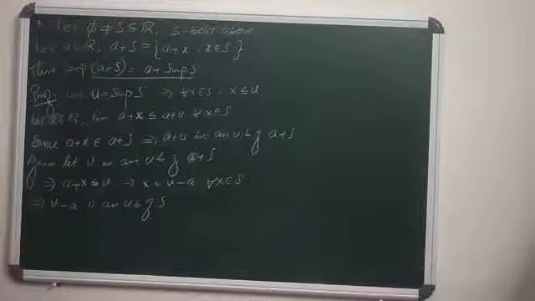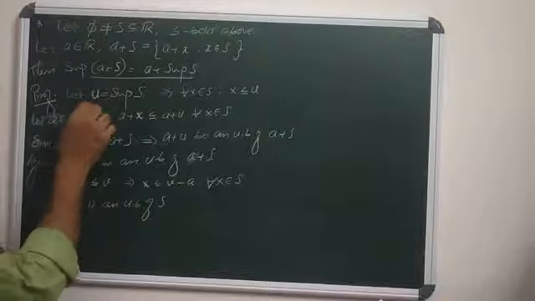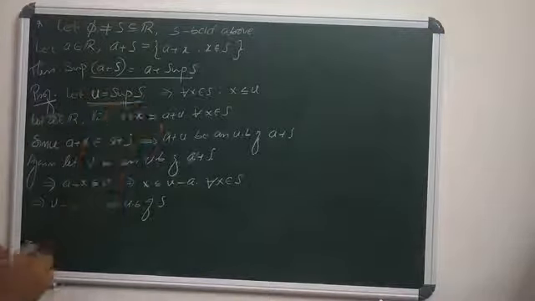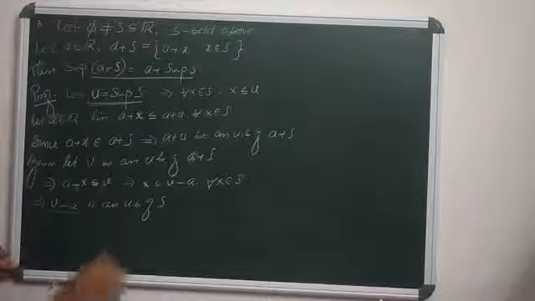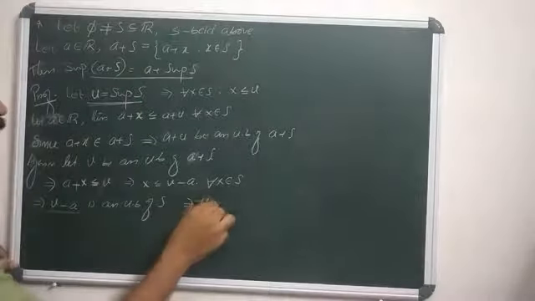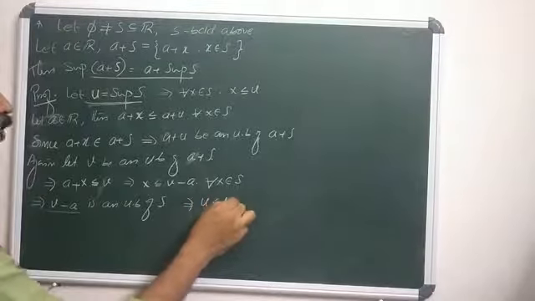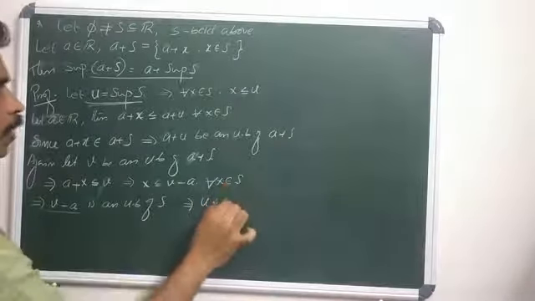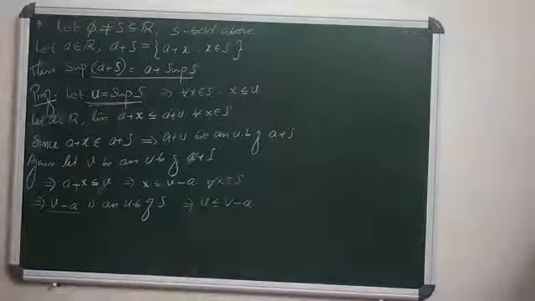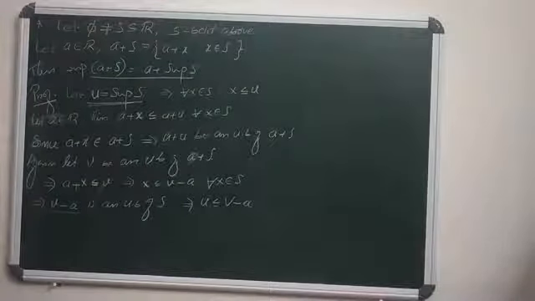That means, what is u? U is the supremum of S. Moreover, v minus a is an upper bound of S. Therefore u is less than or equal to v minus a. Why? Because u is the least upper bound, and v minus a is another upper bound.